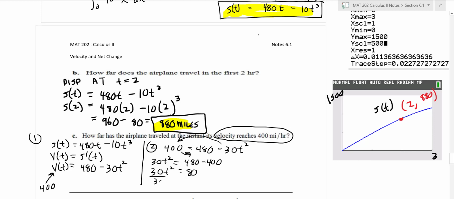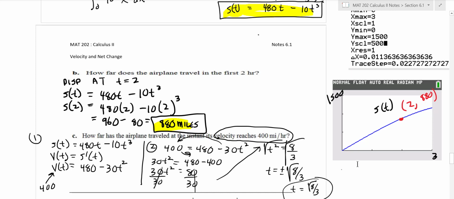And I divide by 30, and that gives t squared is equal to 8/3. Then you do the square root of both sides, so you get t equals plus or minus the square root of 8/3. Since time is always positive, time is equal to the square root of 8/3. And I'm not going to get a decimal, I'm just going to leave it like that for now.